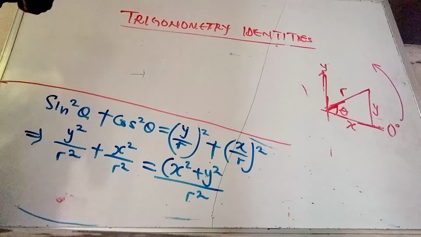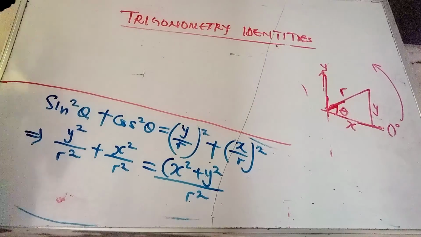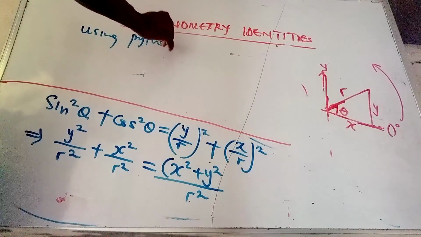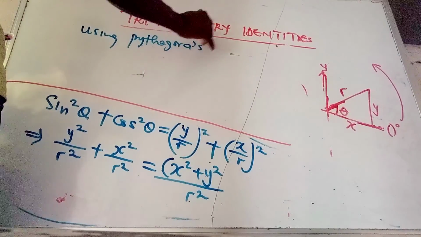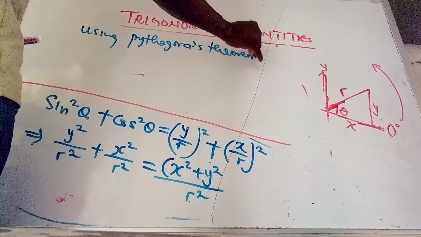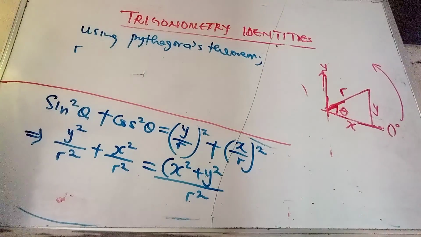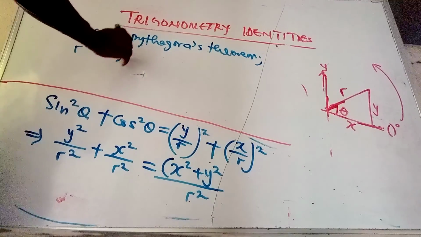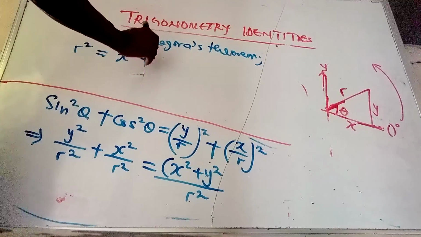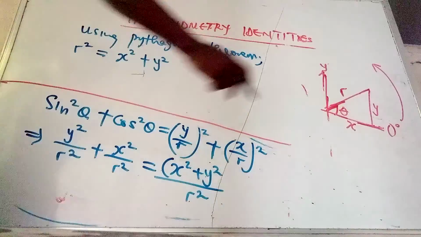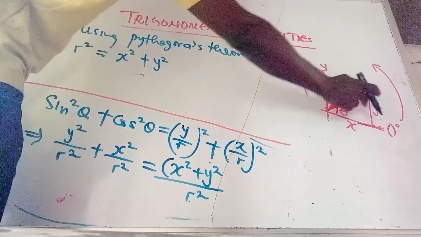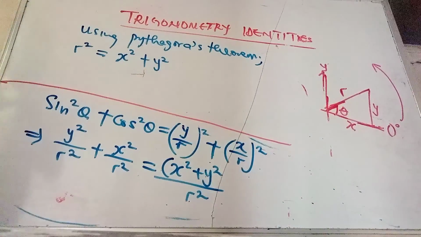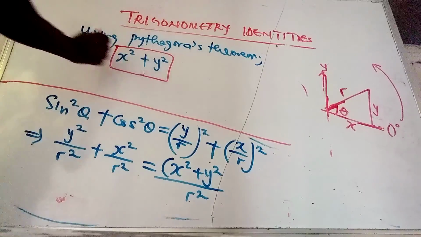From the triangle, using Pythagoras theorem, r, which is the hypotenuse, square of it equals the sum of the squares of the other two sides. Hypotenuse square equals opposite square plus adjacent square.